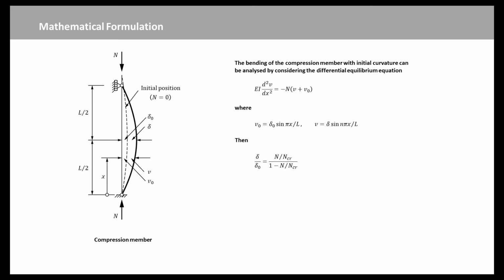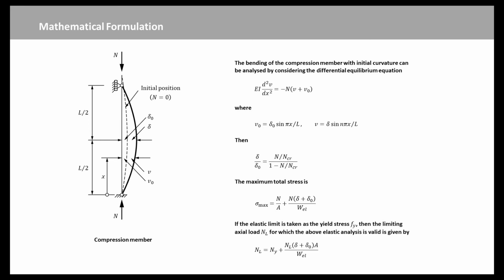The maximum moment in the compression member is N times delta plus delta 0, and so the maximum bending stress is N times delta plus delta 0 over WEL, where WEL is the elastic section modulus. Thus, the maximum total stress is this equation.